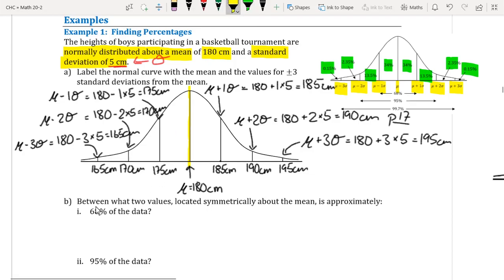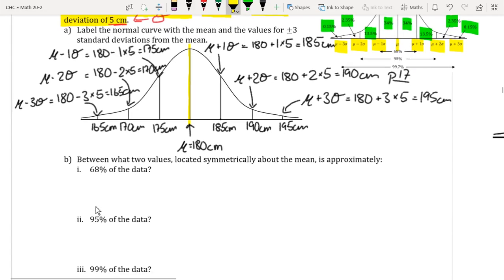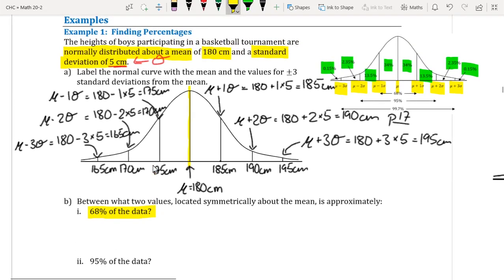when we're trying to determine between what two values located symmetrically about the mean is approximately 68% of the data. So here we're going to be using this graph over here, and we can see that 68% of the data is 34 plus 34, and it says symmetrical about the mean.